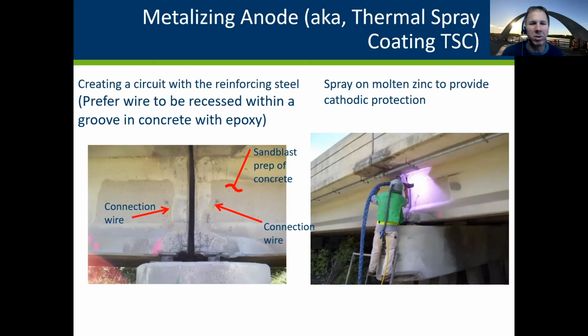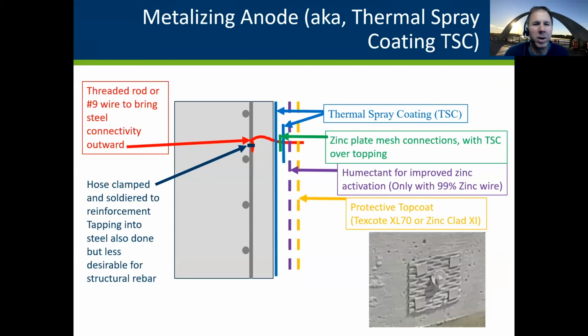Otherwise, if it's in a concrete repair, they'll clamp a wire to it and run the wire outside the concrete. So in a cross section, you got this red wire, and they can do a hose clamp or something to establish sort of electrical connection to that rebar. And most of the rebar inside is all tied together, so it's all electrically connected. And then they run this wire outside the concrete repair, and then they clamp it after they spray the concrete with this thermal spray coating or this exterior anode.